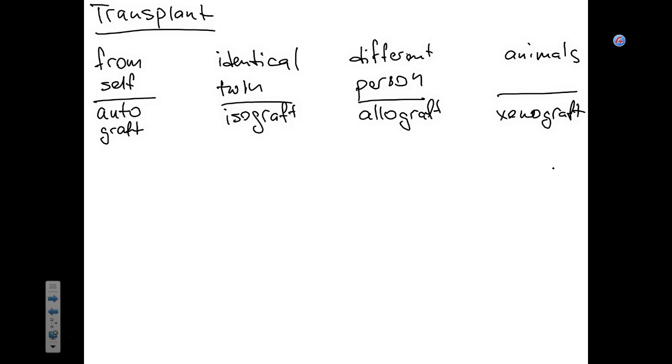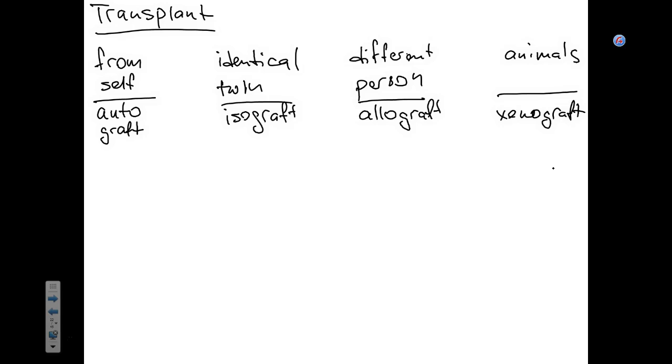The match is based on a number of antigens. Pretty much the closest is the proximity of molecules of major histocompatibility complex. Does that make sense? So they actually can determine based on MHC what is your best match.